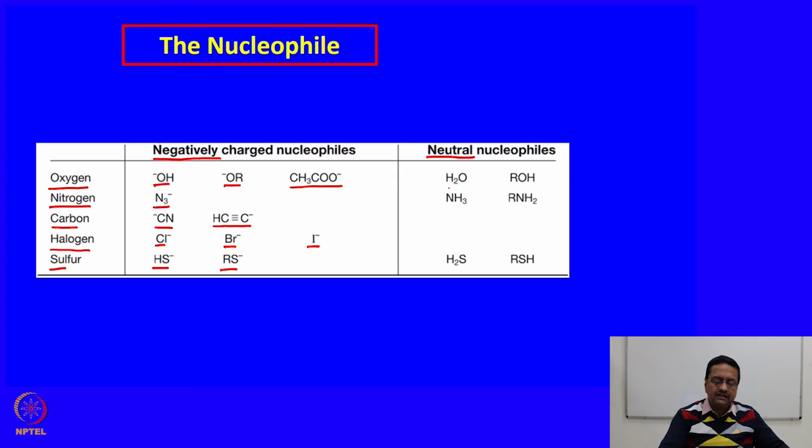While the neutral ones are water and alcohol for oxygen based nucleophile, ammonia or any other amine for nitrogen based, and sulfur based may be H2S, RSH and so on.